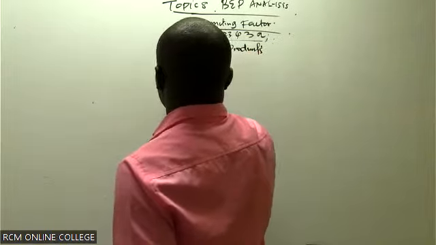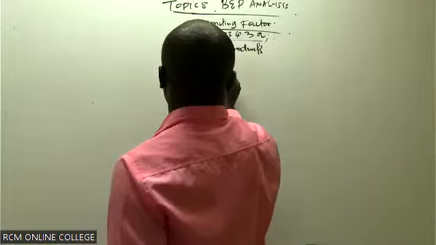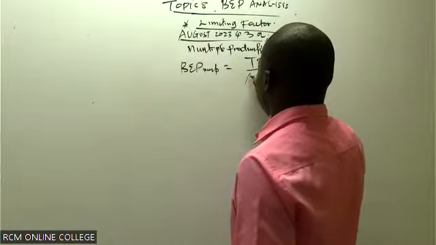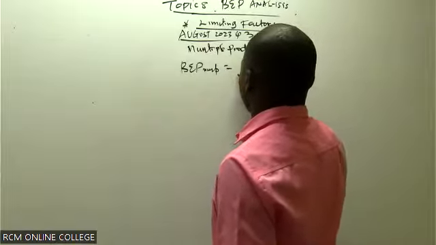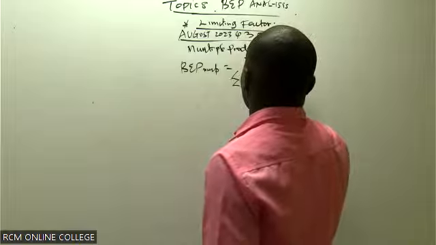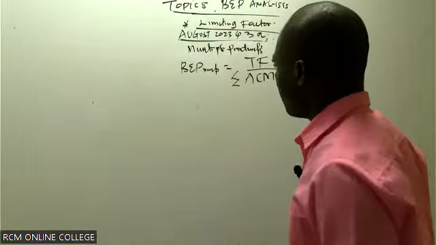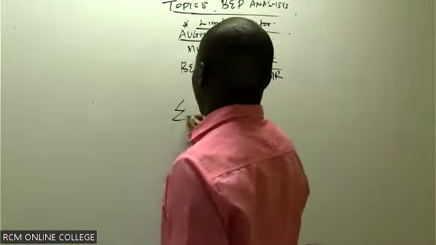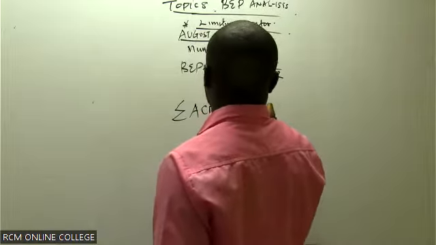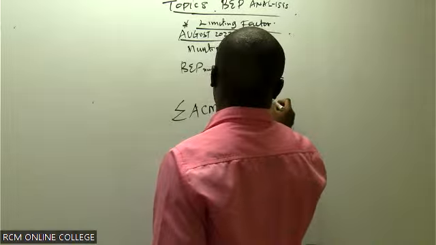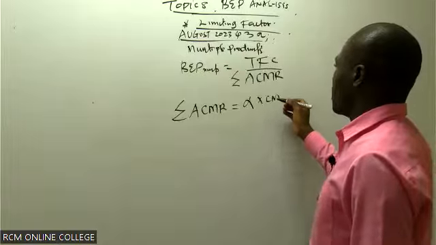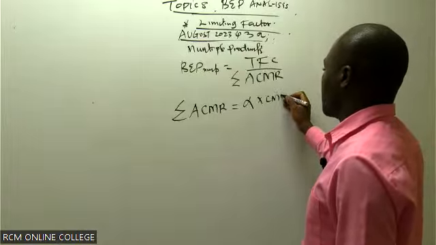Multiple products. The break-even point in units is equivalent to total fixed cost divided by the summation of the average contribution margin ratio. The summation of the average contribution margin is basically equivalent to alpha times contribution margin.